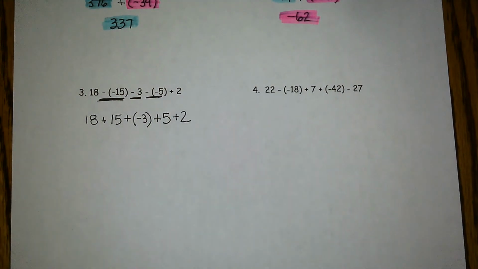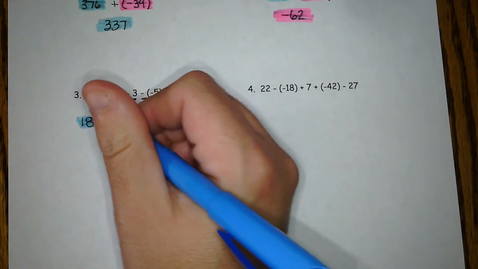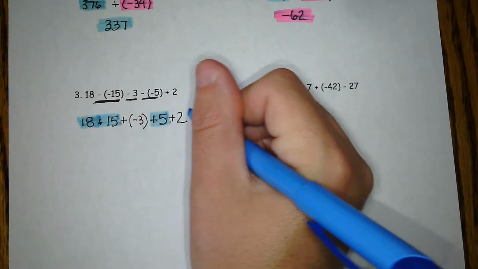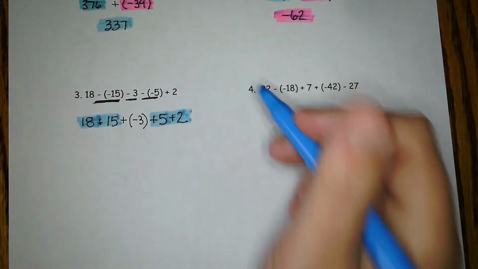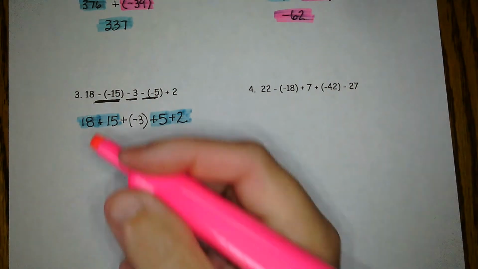I'm ready to make my teams. And I think you can see it already. We got a ton of positives going on over here. I got 18 and 15 and 5 and 2, all positive. And the only negative we have in this problem is 3.